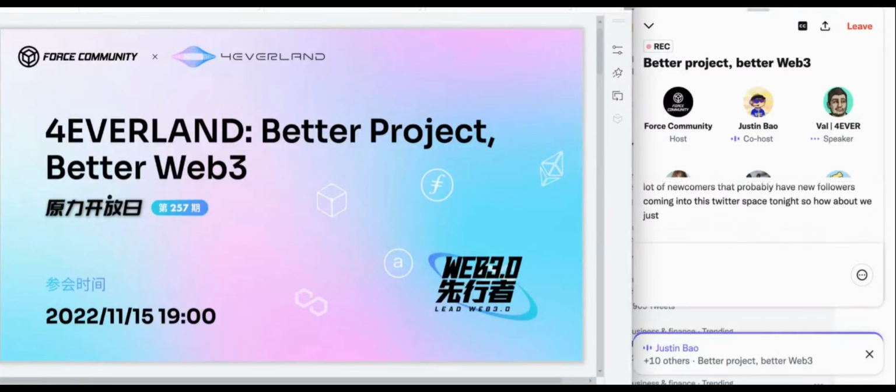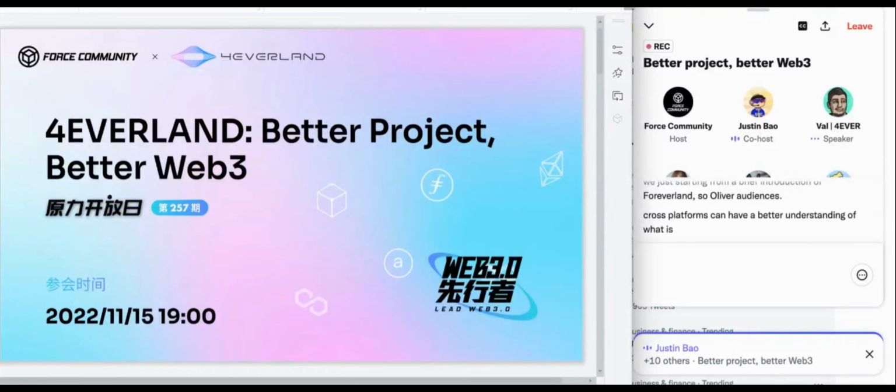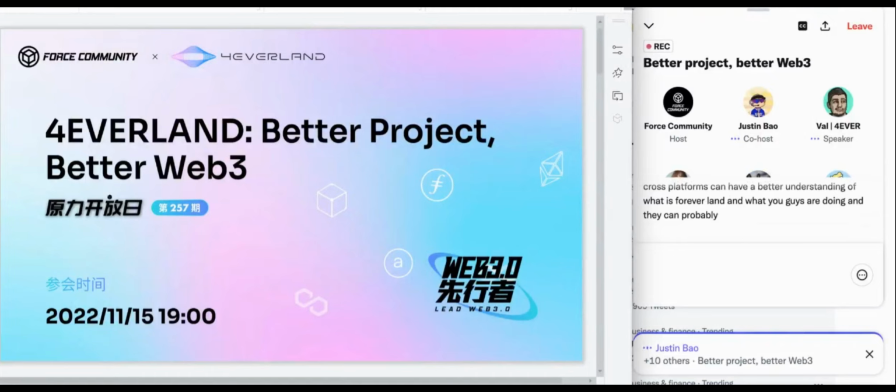So how about we start with a brief introduction of 4EVERLAND, so all of our audiences across platforms can have a better understanding of what 4EVERLAND is and what you are doing. They might be one of your users, or developers flooding into your platform. So Val, what is 4EVERLAND? Would you like to briefly introduce the project you're building right now?